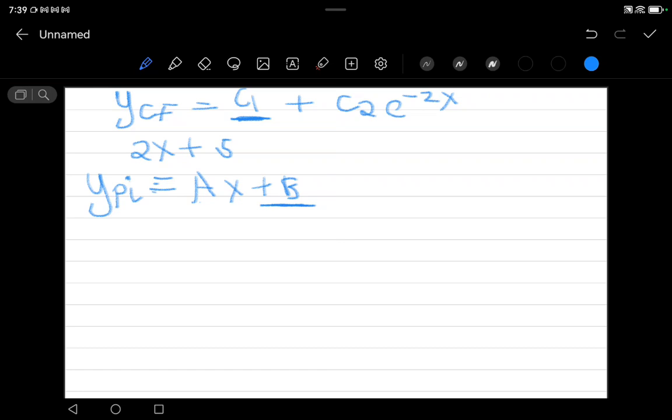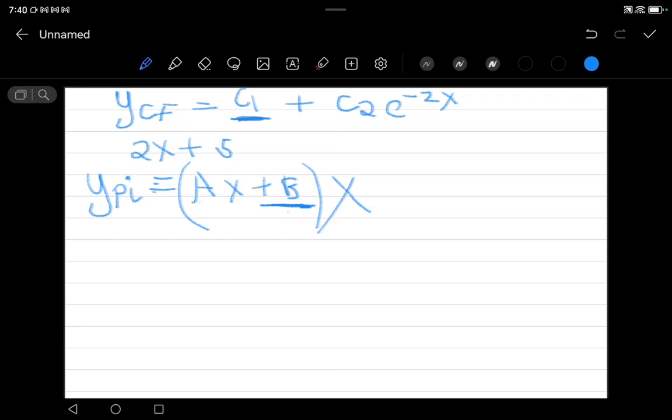So all the time when you see that your YCF has a constant or a duplicate, like this is a constant, this is also a constant, if we have a constant in both YCF and YPI, we're going to multiply by x all the time.